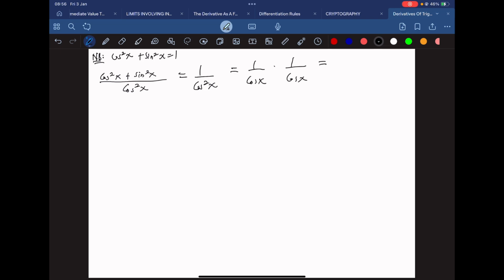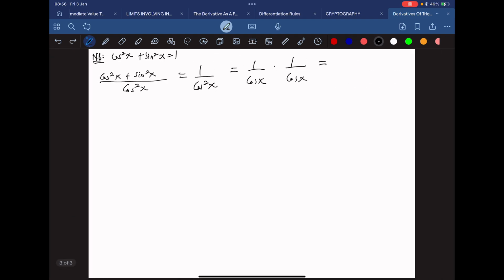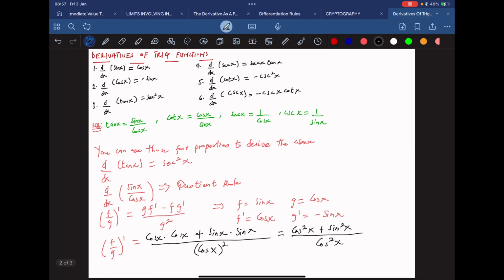But we know that 1 over cosine is secant. So in this case, we have secant of x multiplying secant of x, and this is equal to secant squared x.